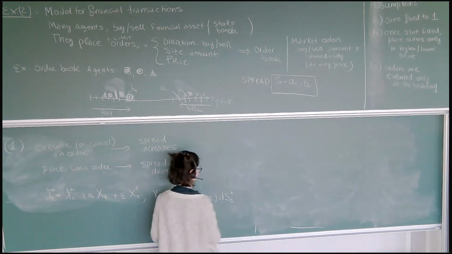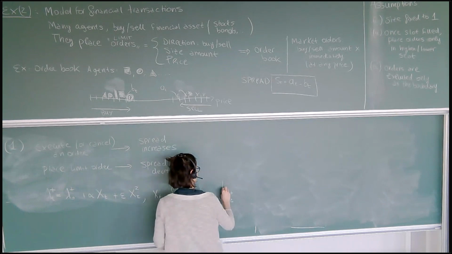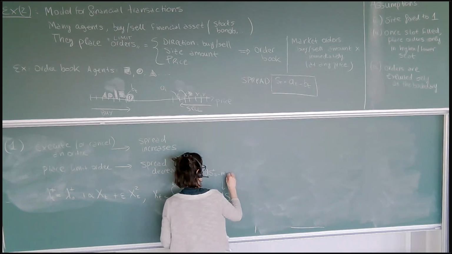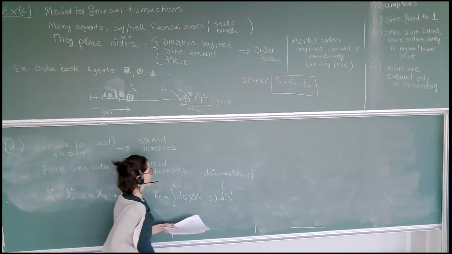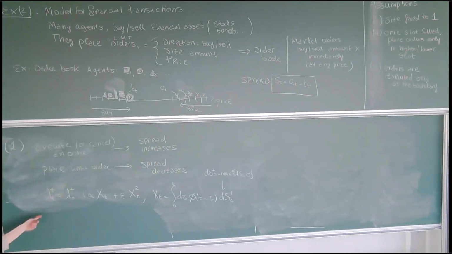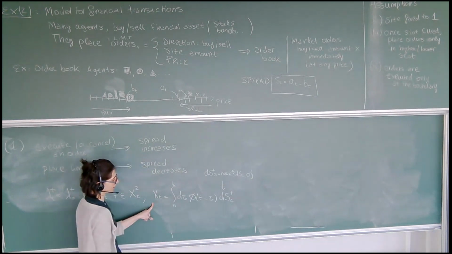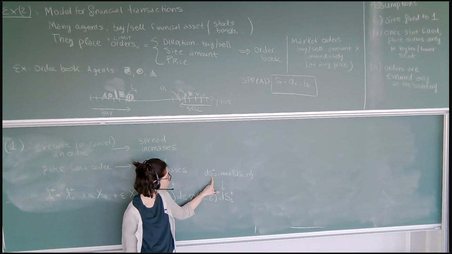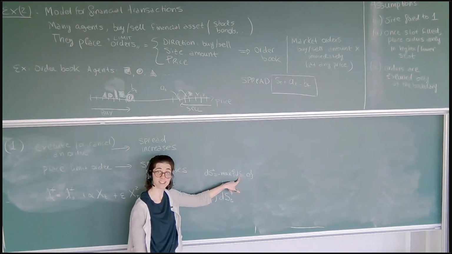And I put a plus in here, and what I mean is that this dS plus of tau is the maximum between dS of tau and 0. So what do I mean by this? Well, the self-exciting part of the kernel only gets contribution from those events that occurred at previous times that increased the spread.